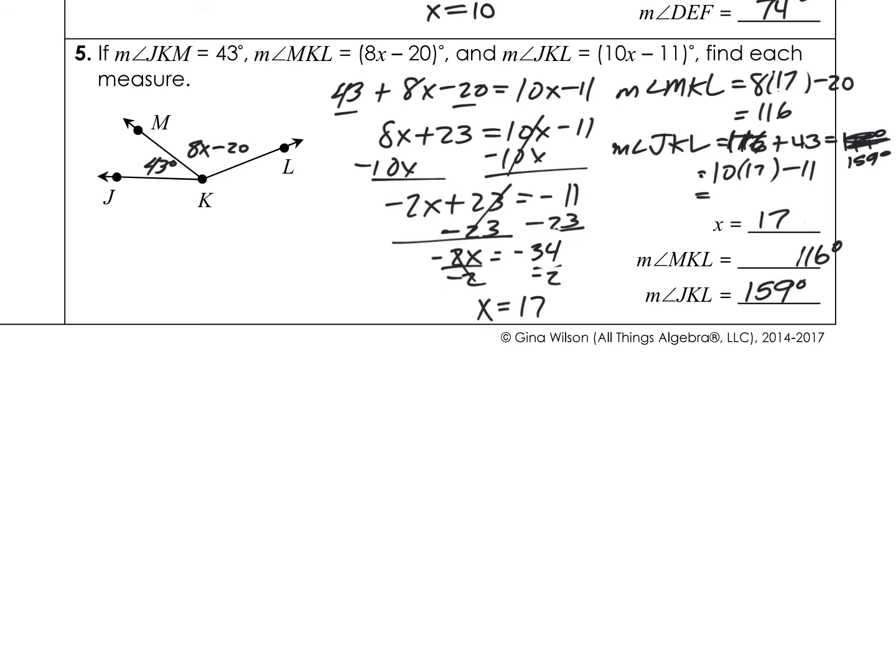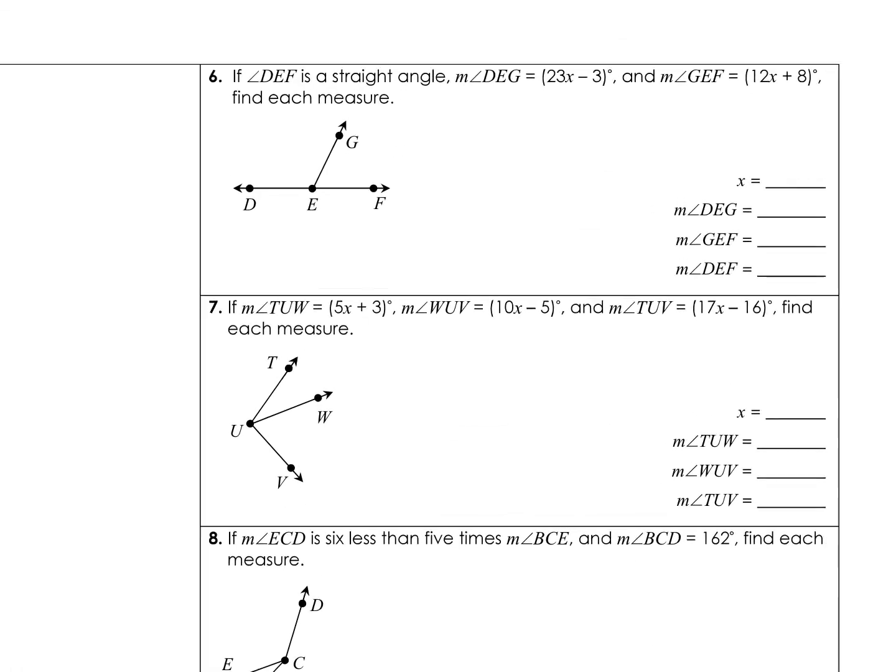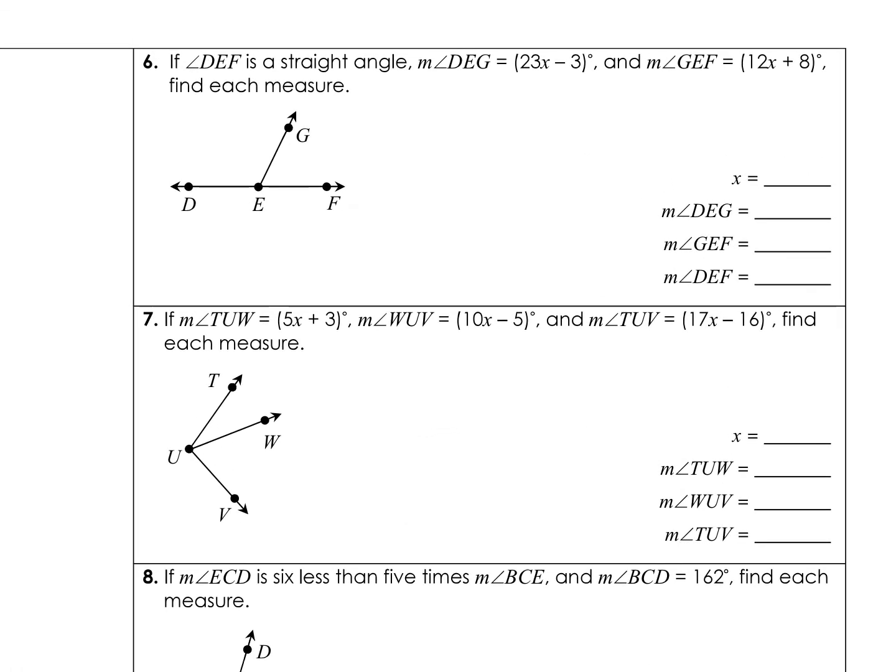Okay, next. Number 6. If angle DEF is a straight angle, that means this angle equals 180. And the measure of angle DEG is 23x minus 3. And the measure of angle GEF is 12x plus 8. Find each measure. All right, so here we go.